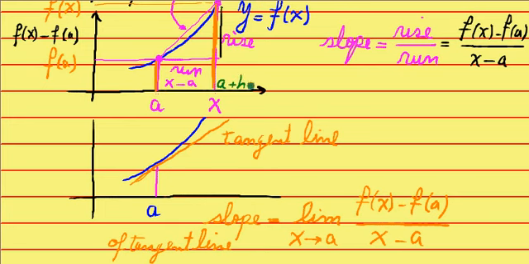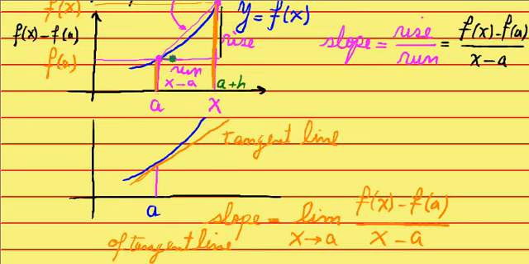This notion of writing it as a plus h is like using a as a base of operation and then specifying explicitly how far to the right or left you want to move. So instead of expecting you to calculate the run as x minus a, the run might be given to you as h.